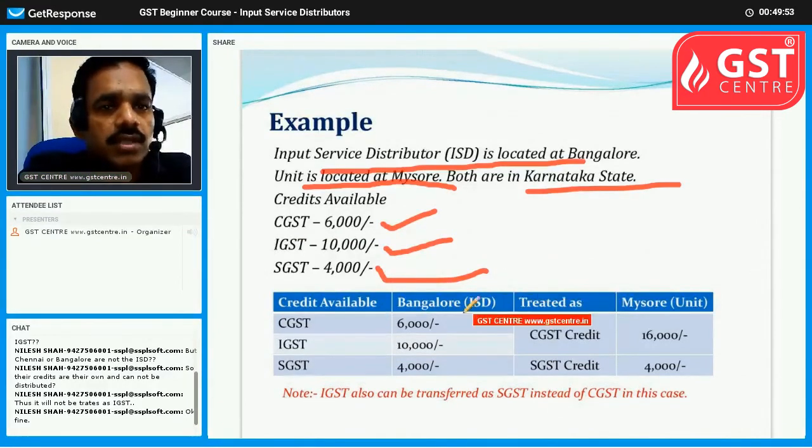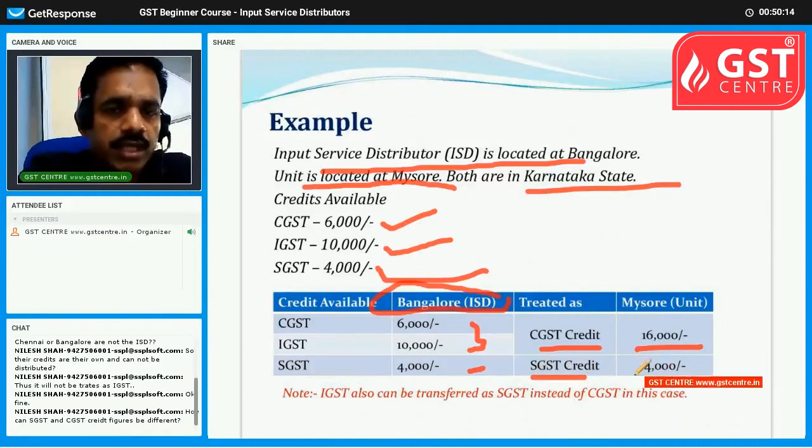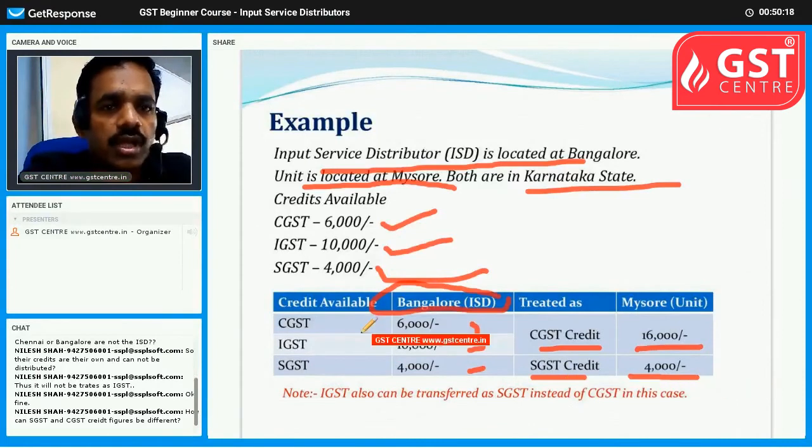In this case, we are taking the Bangalore input service distributor as the case. They have CGST and IGST. Both these can be taken as CGST credit and will be allocated to the Mysore unit. And SGST credit available is taken as SGST credit and is allocated to the Mysore unit.